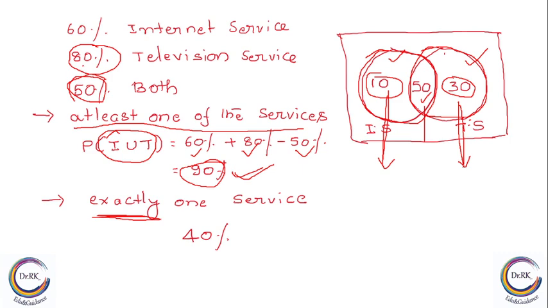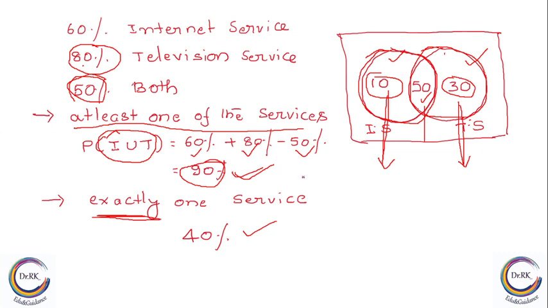Therefore, the percentage of people getting exactly one service is 10 plus 30, that is 40%. So in probability every problem will have its own logic, and most of the times we can try to solve the problems with the help of the Venn diagram approach.